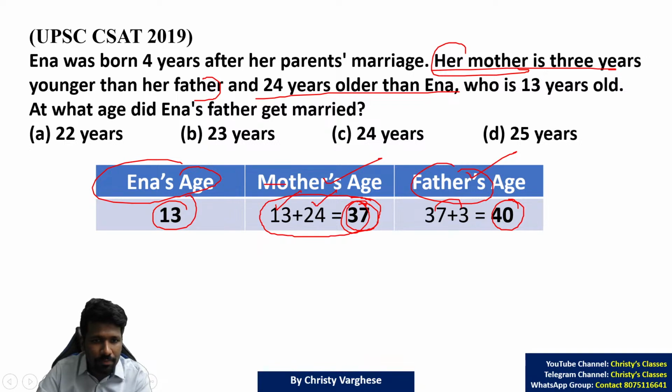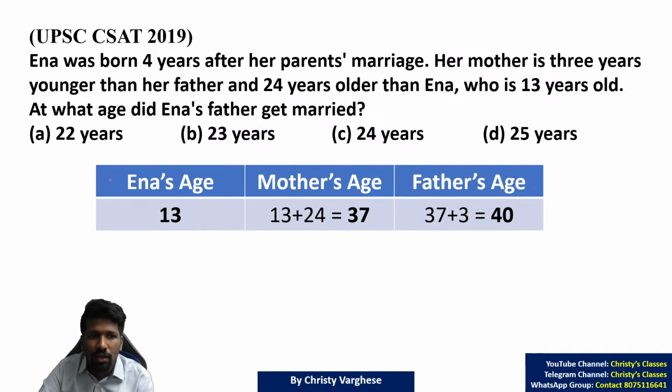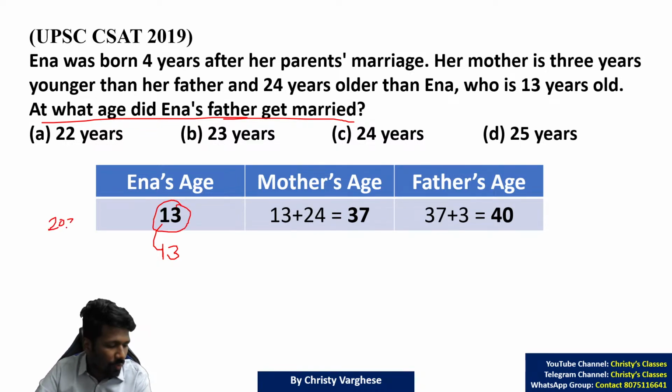All of you clear? Now what is the final question? At what age did Ina's father get married? Ina's father got married 13 years before Ina was born, because Ina is 13 years old now. Like if now we are discussing 2024, Ina is 13 years old. So 13 years back Ina was born, that is 2011.